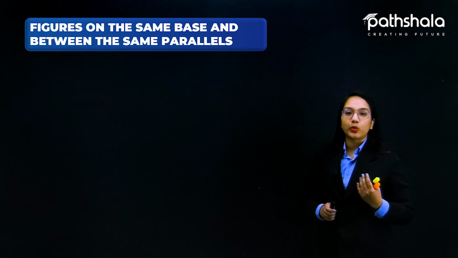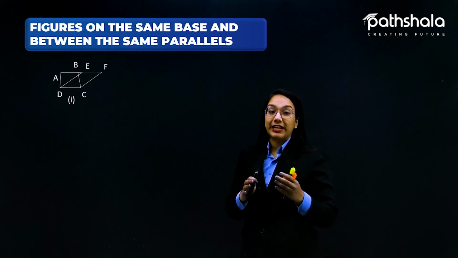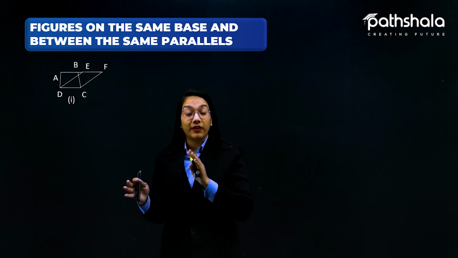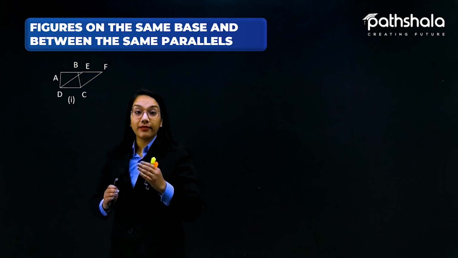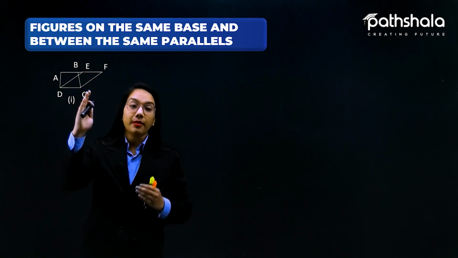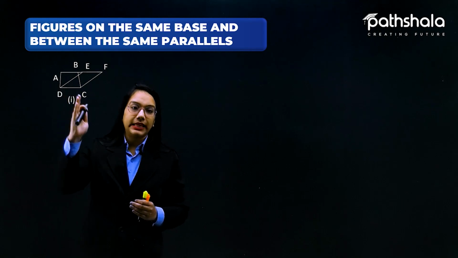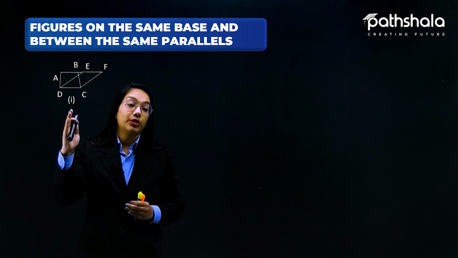But now let us suppose I take a figure of this kind. Can you create a differentiation between the previous figures and this one? Again we have two figures, a trapezium and a parallelogram. ABCD is a trapezium and EFCD is a parallelogram.